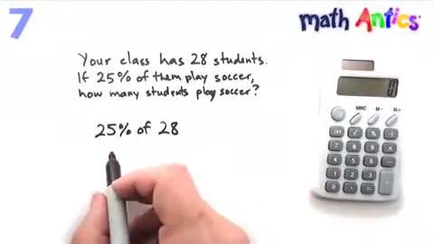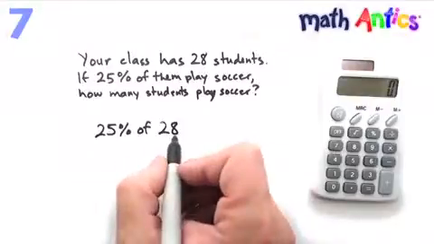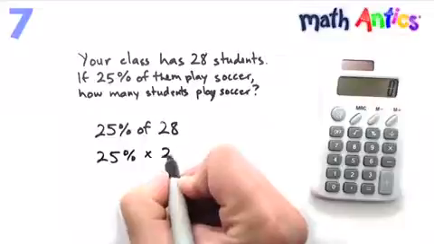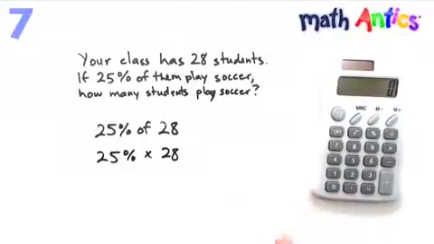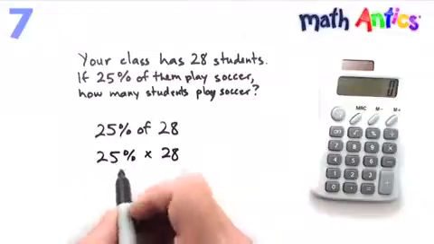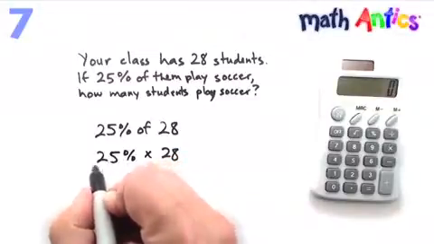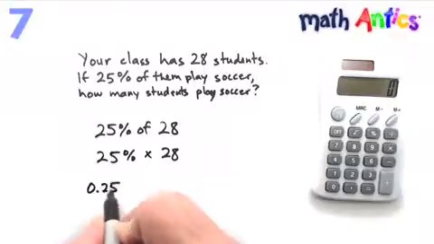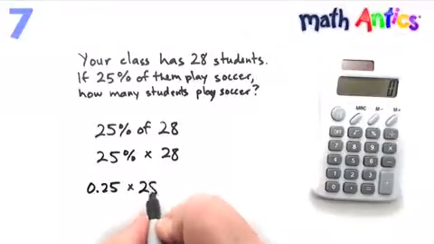Now let's rewrite it as a multiplication problem: 25% times 28. We can use our calculator, so we're going to use the decimal form. The decimal form of 25%, remember, move the decimal point 2 digits to the left, is 0.25 times 28.